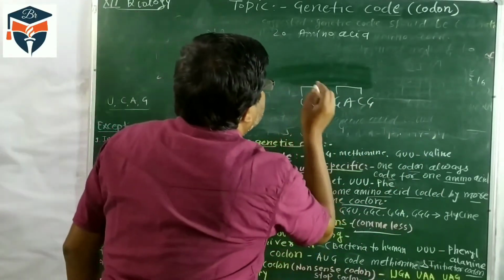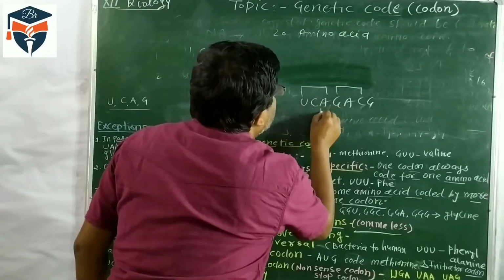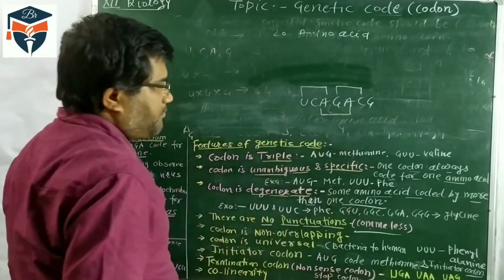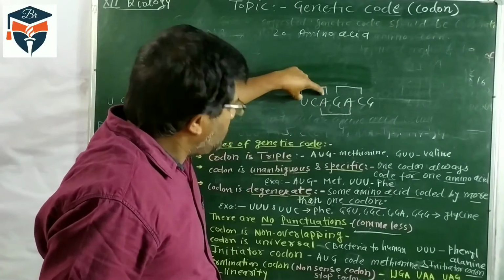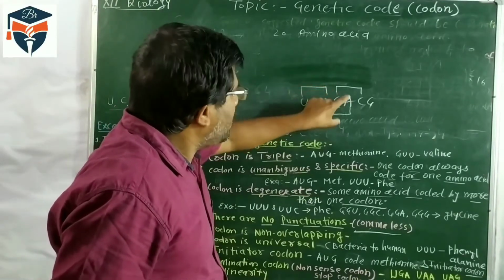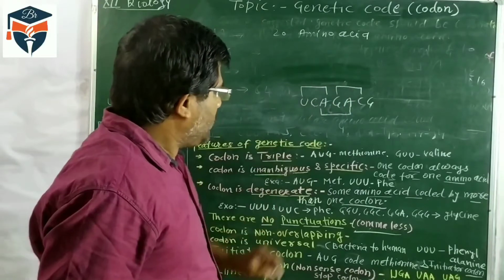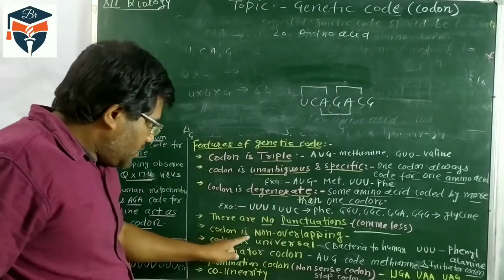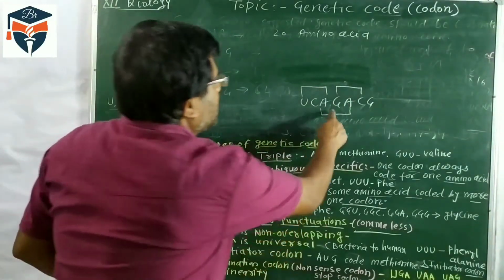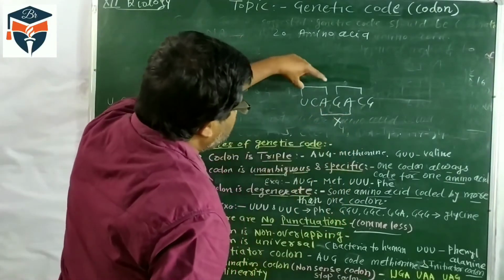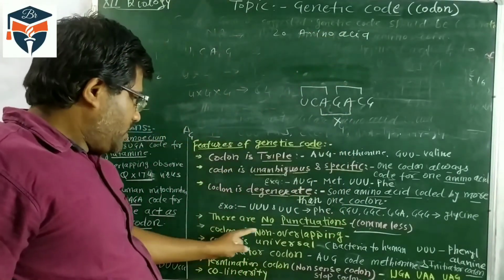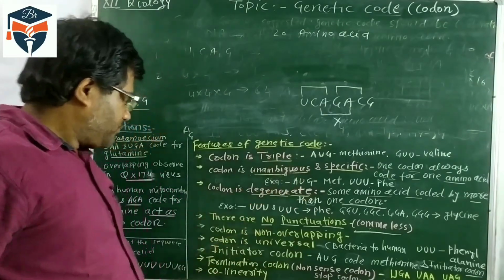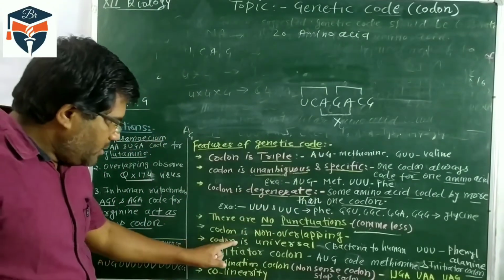But it is not found that the same nitrogenous bases overlap with this one. So A is participating in this one amino acid, and it will not participate in the other amino acid. So the codon is non-overlapping. This condition will not occur. Only this condition will occur. The codons do not overlap.